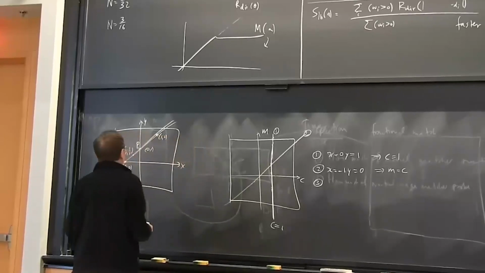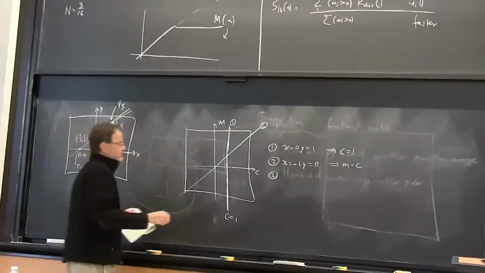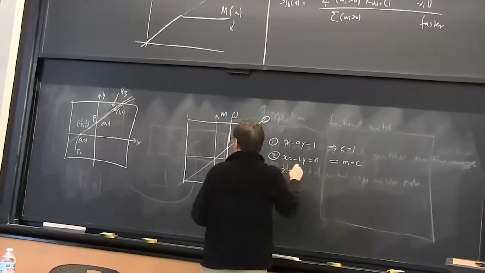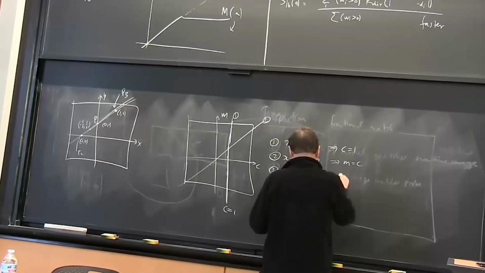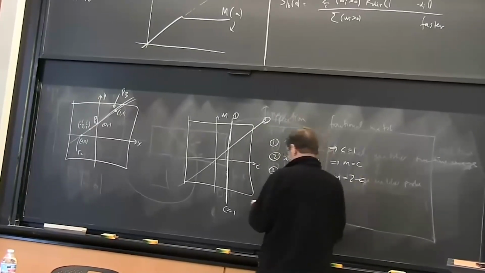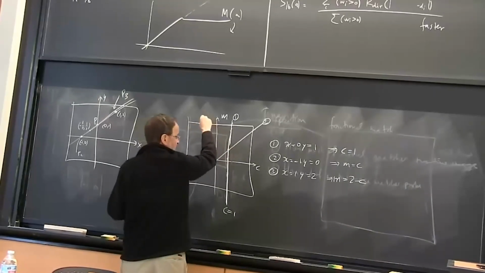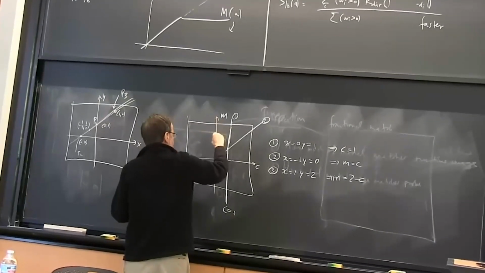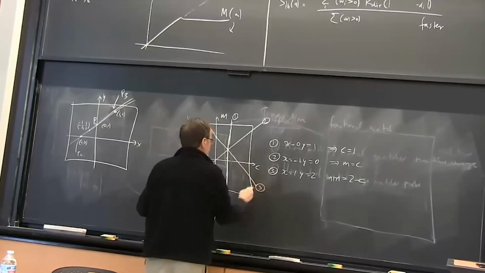Let's just do one more. Let's do this one, point 3. So for 3, we have x is 1 and y is 2. And for that, the equation is m equals 2 minus c. So that line, 2 minus c, will start at 2 and then go negative, goes like that. So that's line 3.